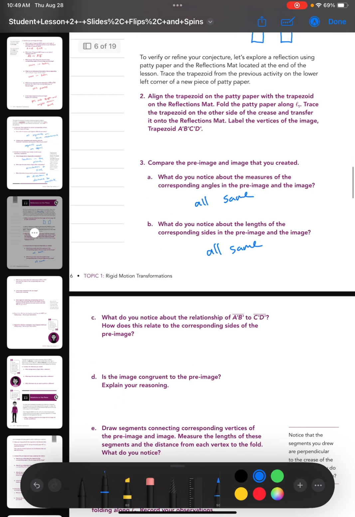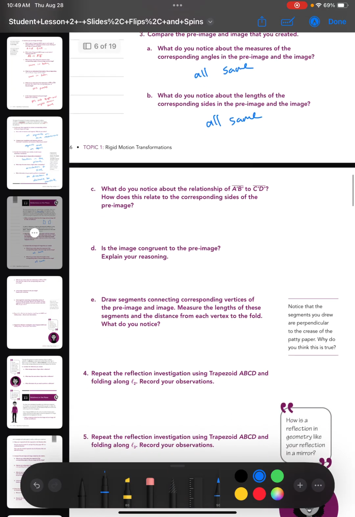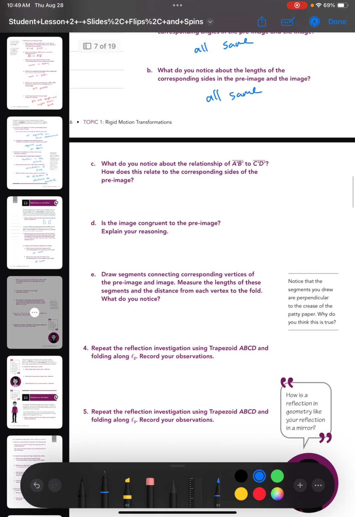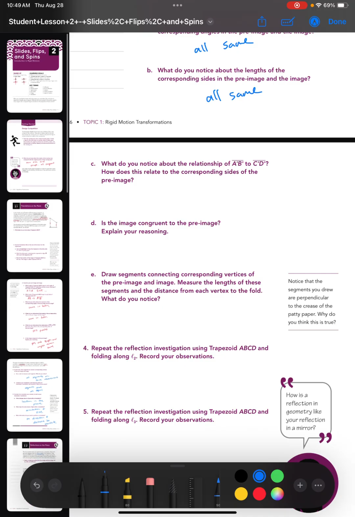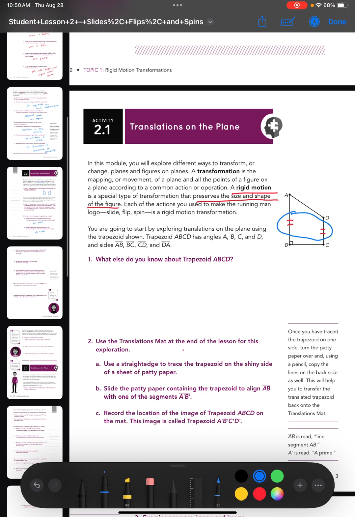All right, moving on to the next page. What do you notice about the relationship between AB and CD? Again, if I go back to our original image here, if we're not changing the size and shape of the figure, AB and CD are still going to be parallel. That is not changing.